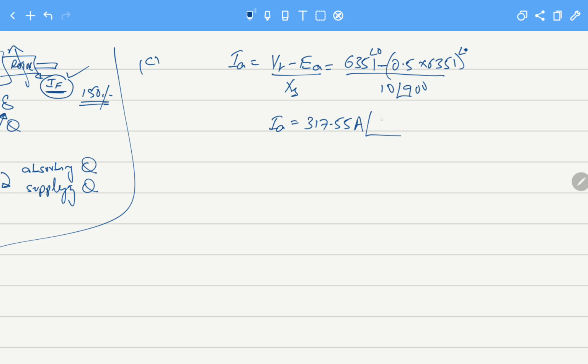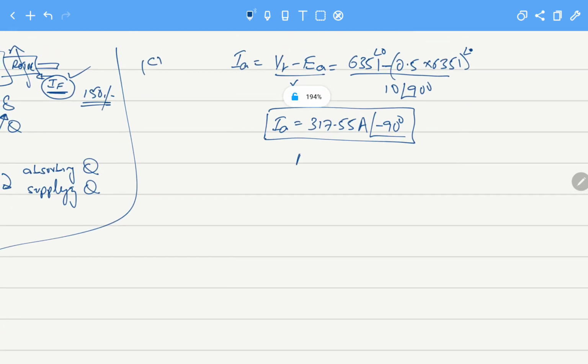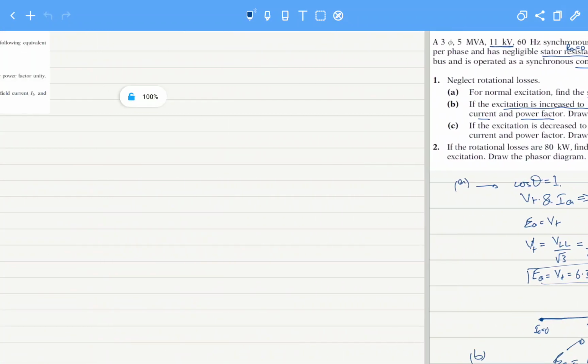But now the current is lagging, by exactly 90 degrees. So again there is no real power transfer, and the power factor is again 0, but it is lagging. This means the motor is now absorbing Q. When it was leading, the motor was generating Q.